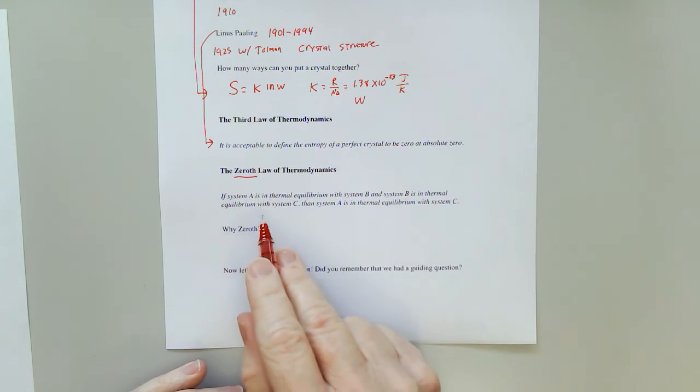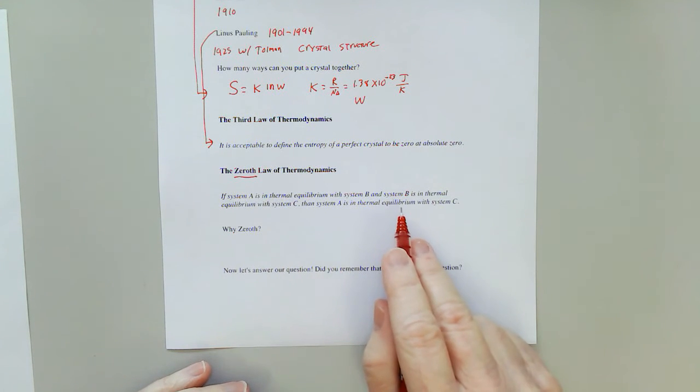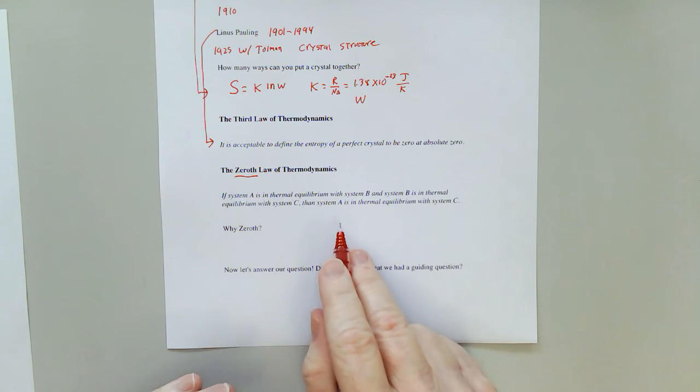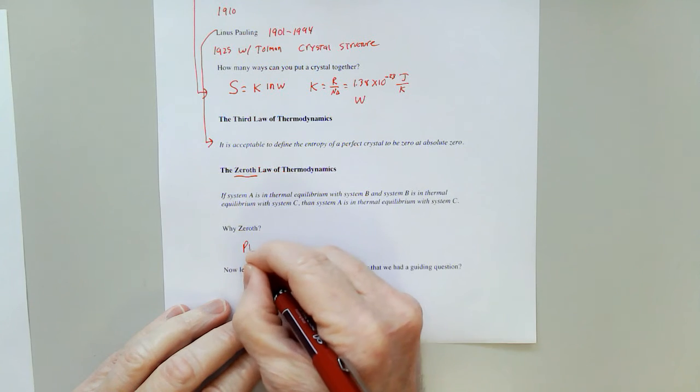It says if system A is in thermal equilibrium with system B, and system B is in thermal equilibrium with system C, then system A is in thermal equilibrium with system C. That sounds a lot like the transitive property from geometry, doesn't it? Okay? And this establishes the linearity of the temperature scale. That on the absolute scale, Kelvin scale, something that's 300 Kelvin is hotter than something that's 200 Kelvin. We need that to hold true. And it's prerequisite.